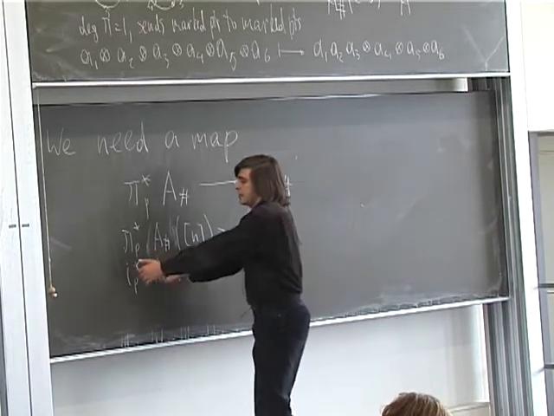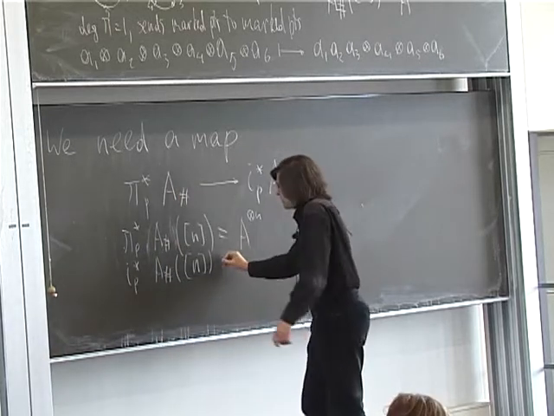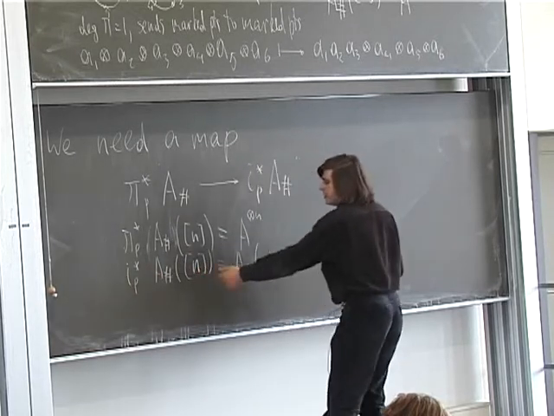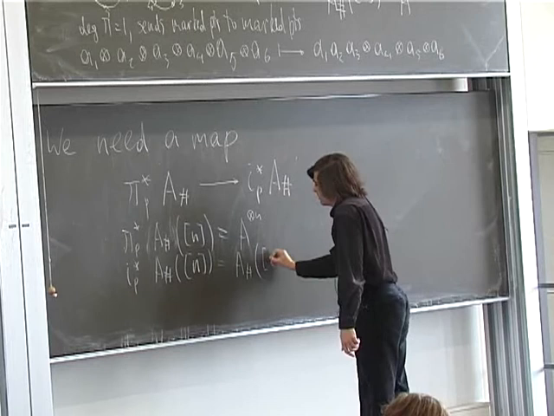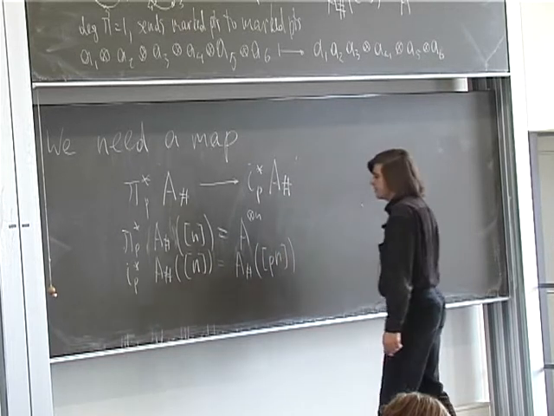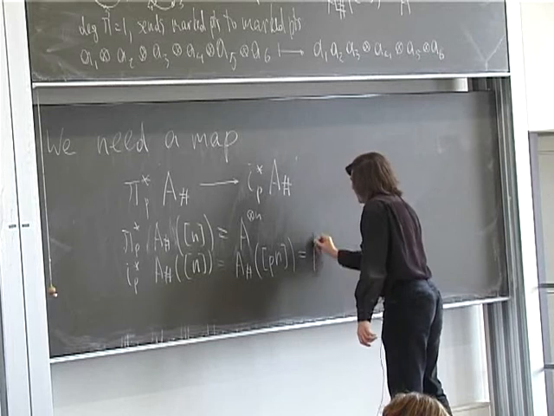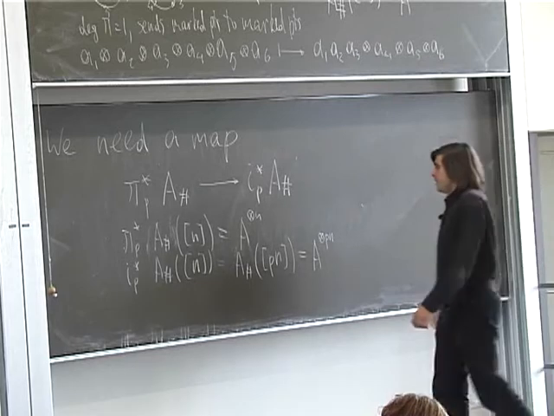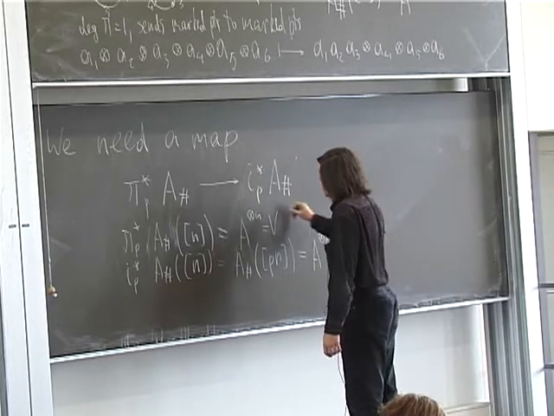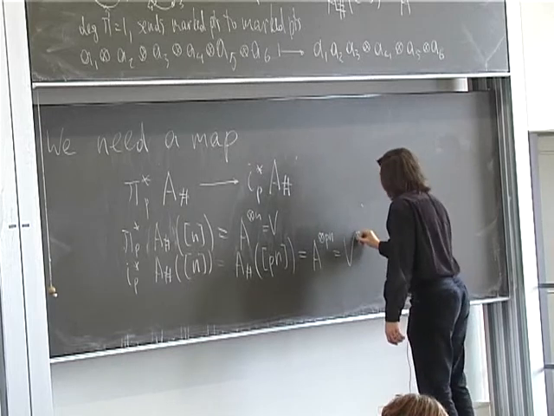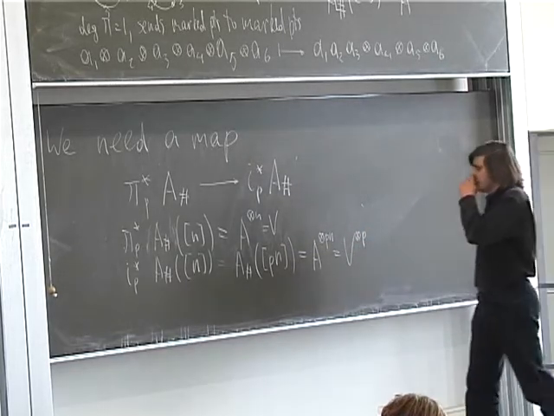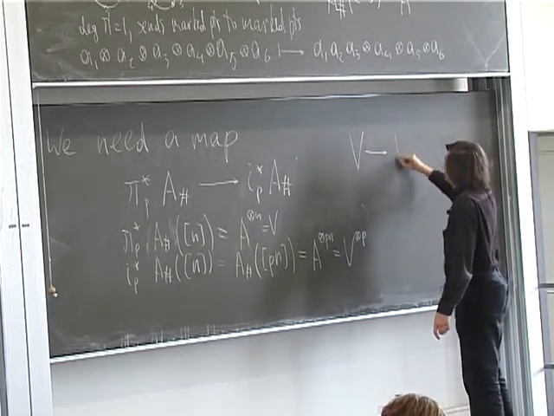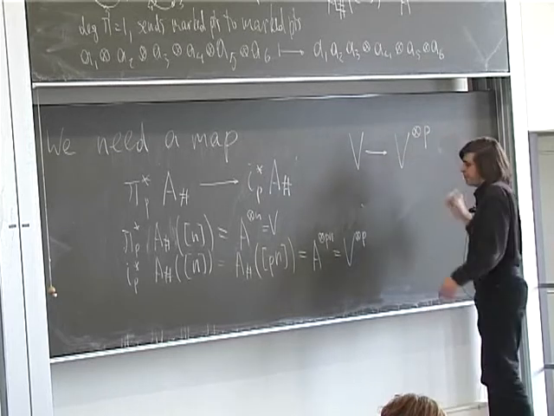This is a restriction with respect to this map. So this is the same as A hash evaluated at i_p applied to n, and this is just pn. So here we get A to the power pn. If I denote this by V, then this is just V to the power of p. So essentially what I need is a map from a vector space V to its pth power.